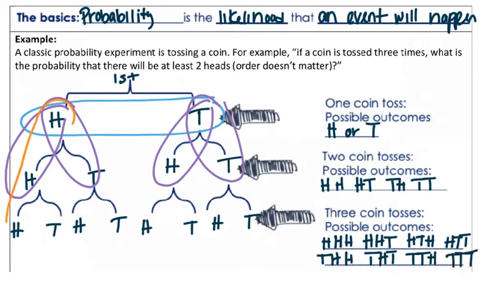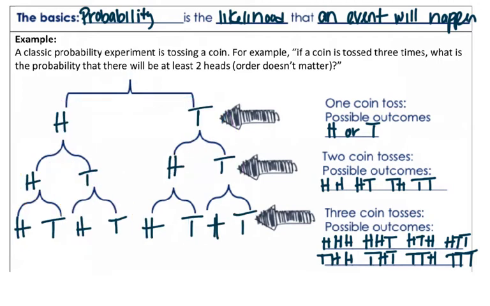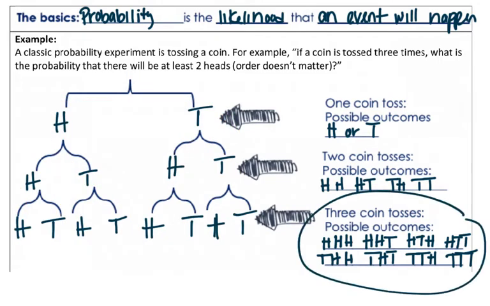So that's where I got heads, heads, heads. Then you could get heads, heads, tails, sorry. Then heads, tails, heads, heads, tails, tails. So that's where you're getting those combinations. So it's just reading down the chart. Alright, so that's how we get, when you toss a coin 3 times, you have 8 possible outcomes.